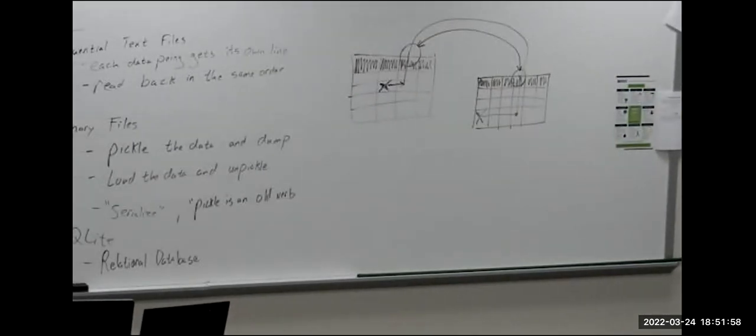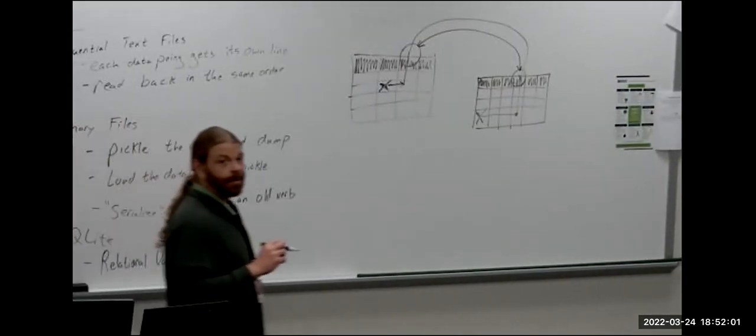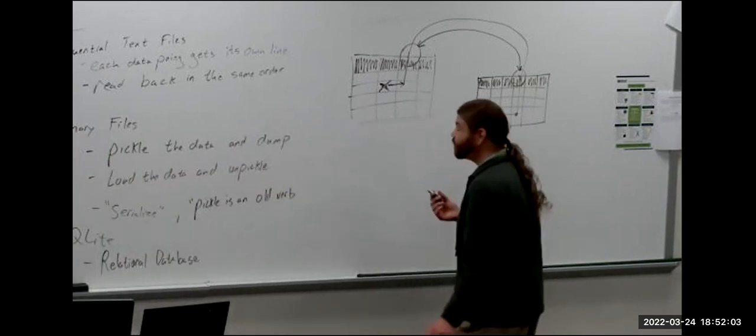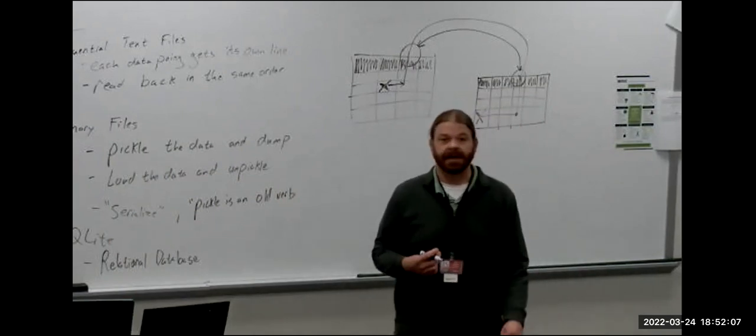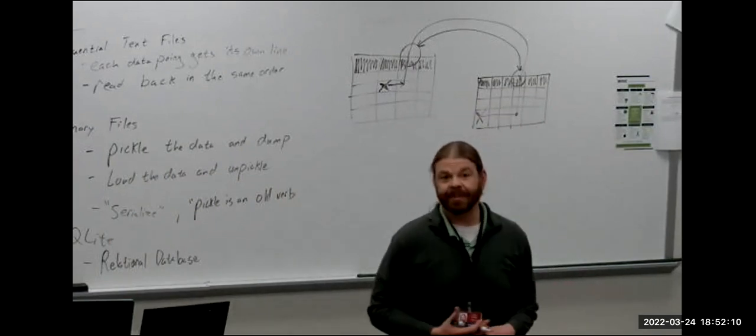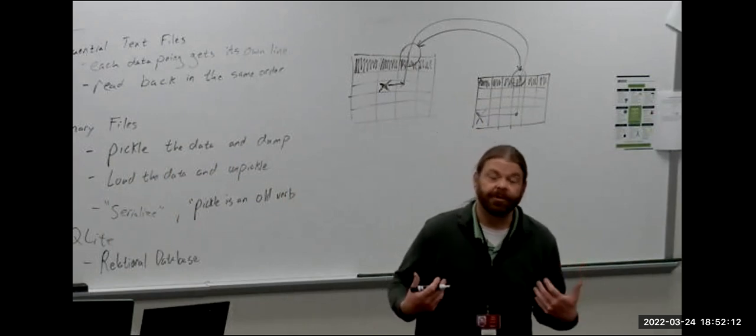For example, in Python, one of the things that makes Python so nice is we push a lot of the work onto the machine. It's less efficient for the machine, but it's a lot easier for the human, right?